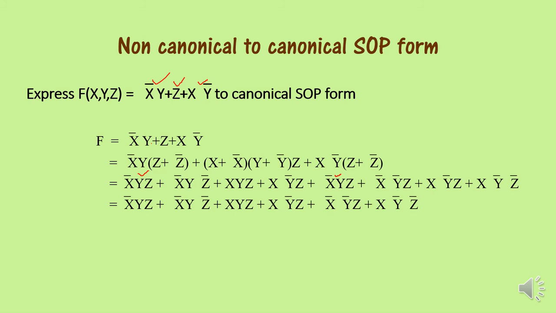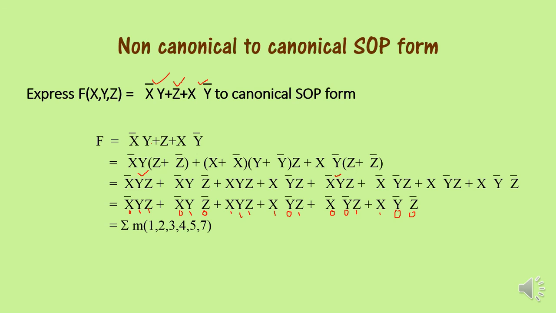Okay. So converting each term to binary, 0 1 1 means 3.